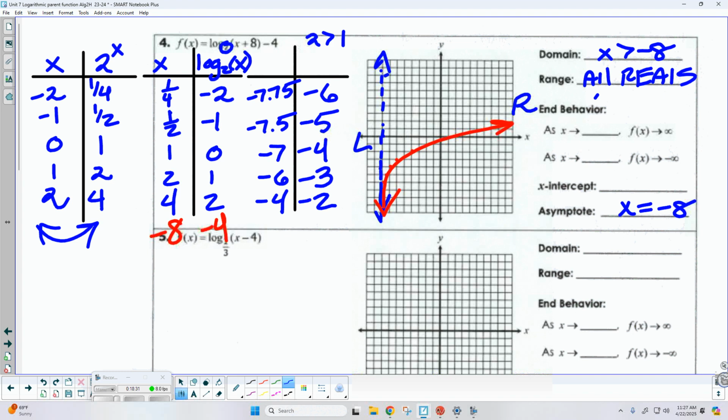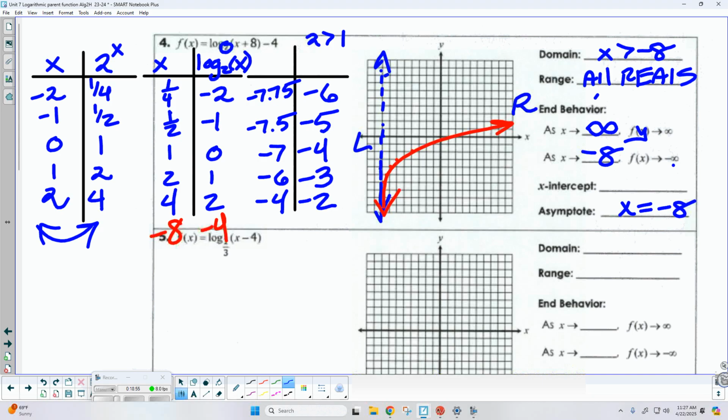As x approaches infinity, the y values, f of x, will go to infinity. And as x approaches -8, the closer it gets to the asymptote, the further down it goes. There's only one thing about this that didn't unfortunately work out in our favor. We don't see from the table exactly what that's got to be.